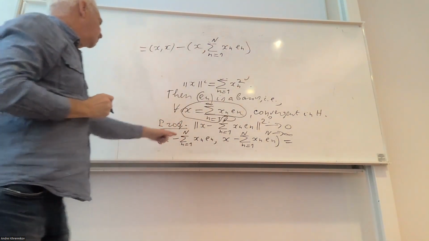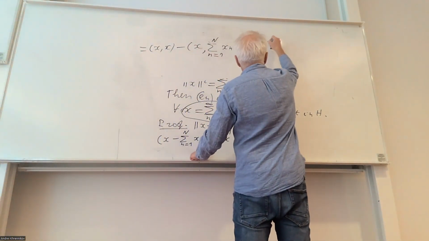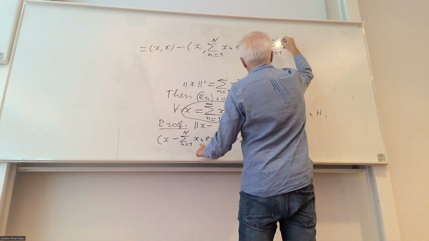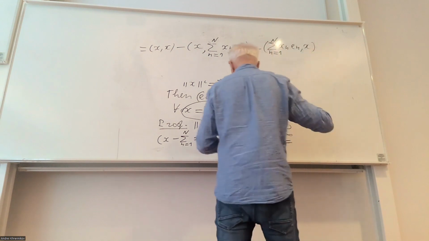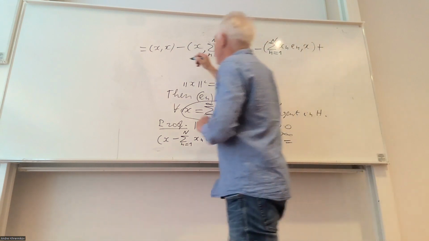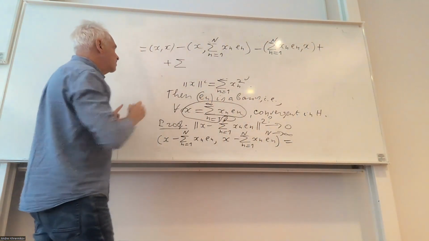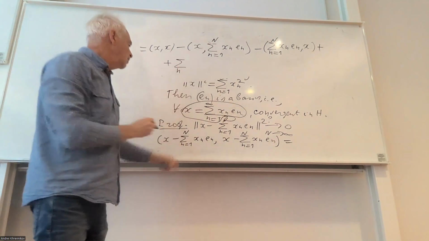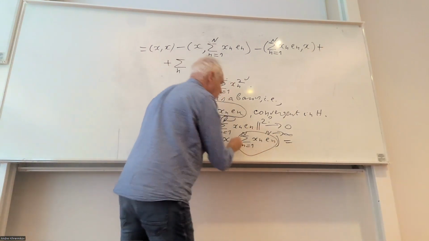And then we have also minus the sum n from 1 to n xn en multiplied by x. And finally, we have plus the sum n. I should multiply this by this.